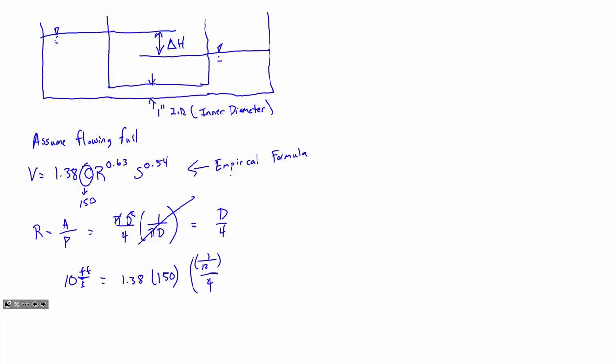So it's that diameter of the pipe, 1 over 12 feet, to the 0.63 times S to the 0.54. So we can solve for S to get our friction slope, okay?